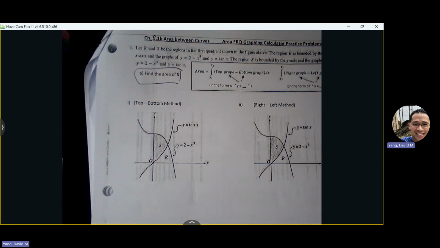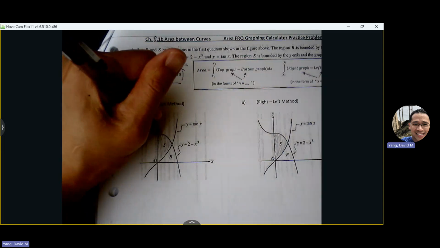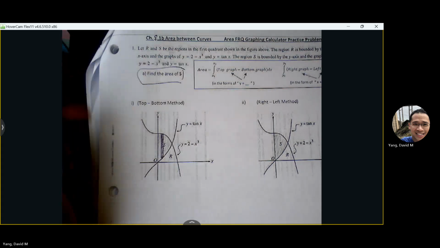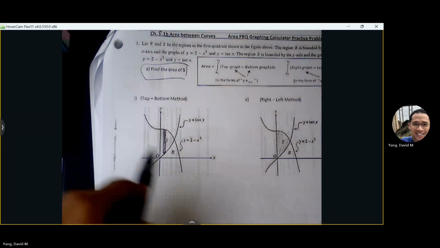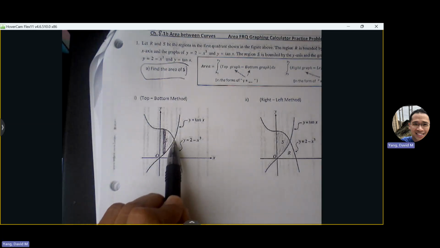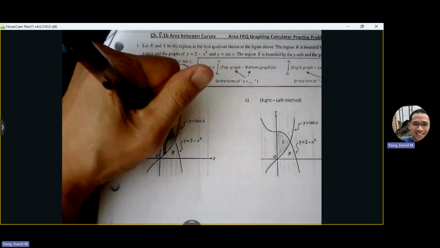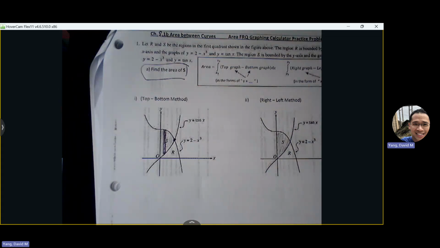The easier one is the top minus bottom because there's no need to adjust anything. So I'm going to do one representative rectangle. The point of interest is going to be this point here. So I'm going to find the intersection at that point.